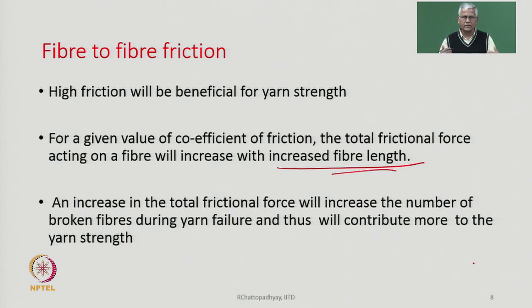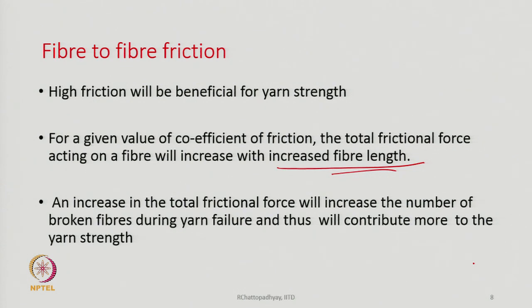If we want to avoid slippage mode of failure, we have to enhance the frictional resistance, and frictional resistance is a function of coefficient of friction between fibers, the length of the fibers, and also on the normal force that is generated because of the presence of wrapper fibers, or in the case of ring spinning it is the presence of twist, because the fibers are following a helical path.